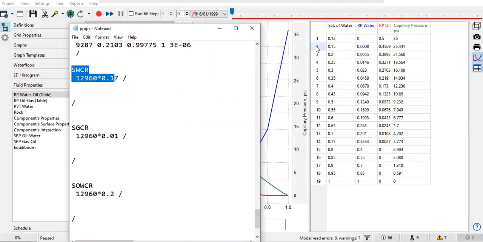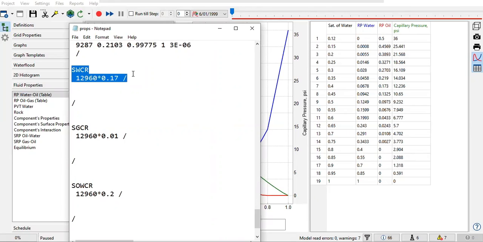Okay, so everything here for the water will not be regarded, but this keyword will be regarded. So at 0.17, water saturation of 0.17, we still have no flow of water. It just starts to flow.